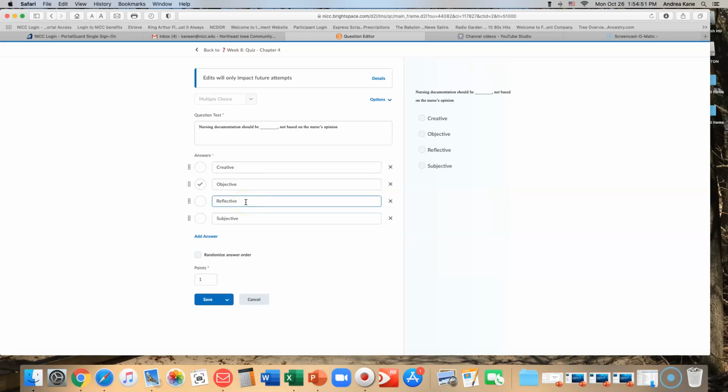Reflective means you're thinking about it. And reflective is actually a little bit closer to subjective. But I will give you the point on this. It really should be objective. All medical documentation should be objective, not subjective. There should not be someone's personal opinion involved.